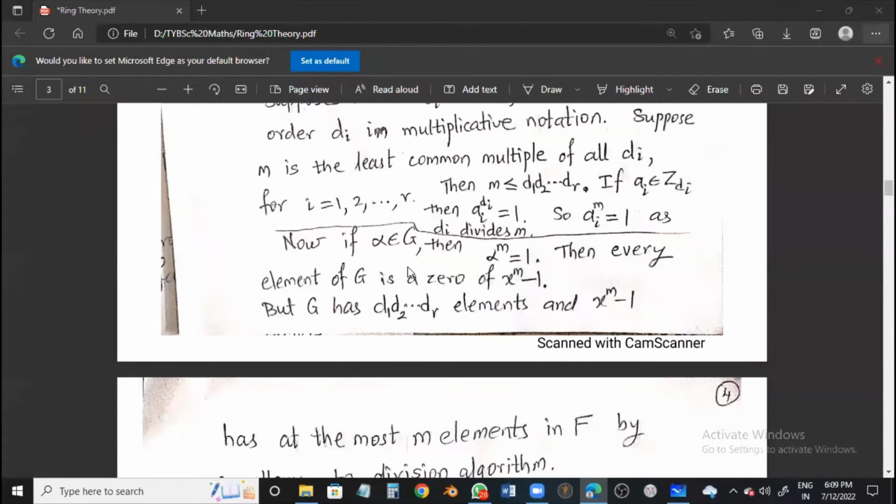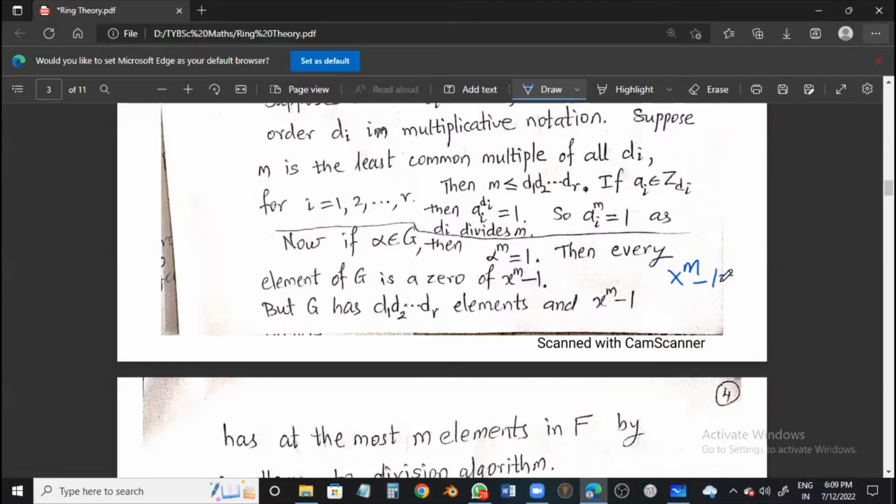Then what is happening now? If alpha belongs to G, so we need to talk about every member of G. Then only I'll say it is cyclic. So if alpha belongs to G, then alpha raised to M is 1. Then every element of G is a zero of x raised to M minus 1. You can watch over here. Alpha raised to M equal to 1 is a solution of what? x raised to M minus 1 equal to 0.